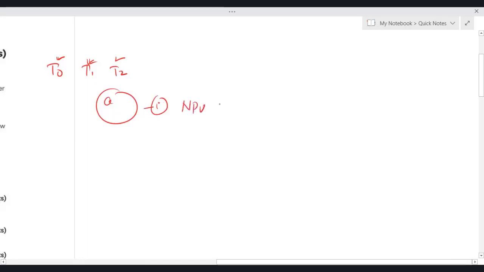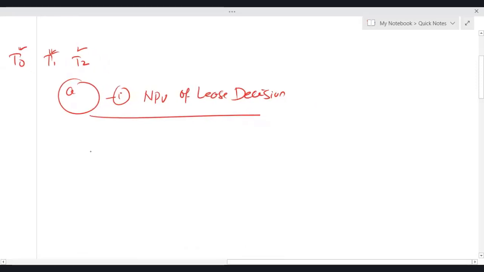NPV of lease decision. Okay, any question? Can I say it will take 2 years to pay all 3 rentals?